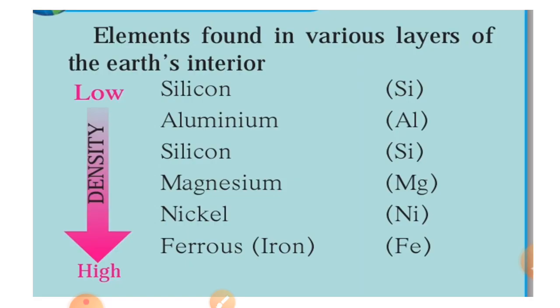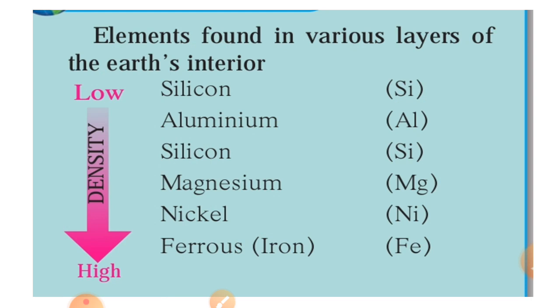Now, elements found in various layers of the Earth's interior: silica means Si, aluminium means Al, again silica means Si, magnesium means Ma, nickel means Ni, and ferrous means iron, Fe.